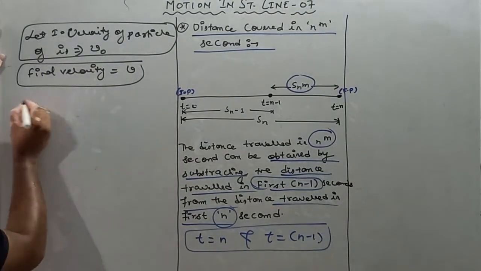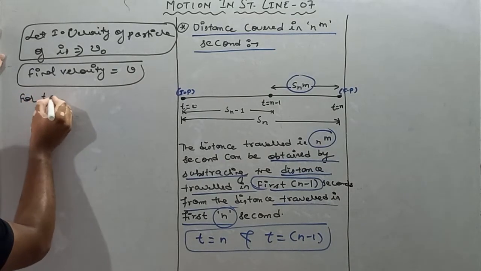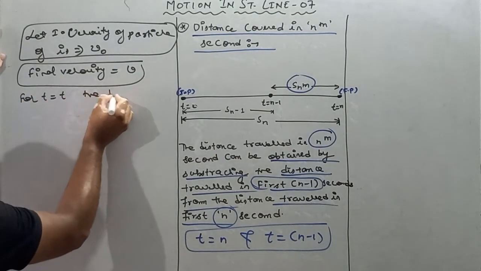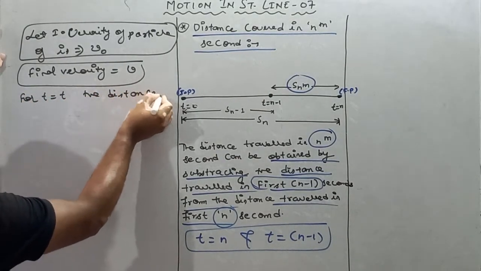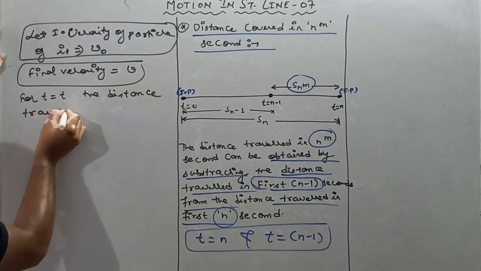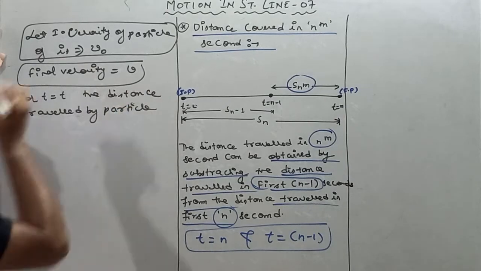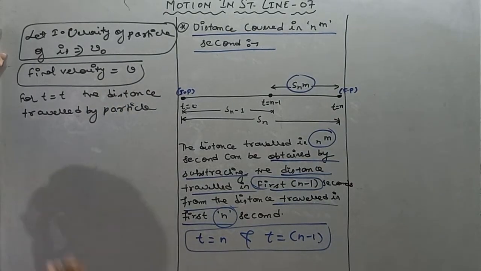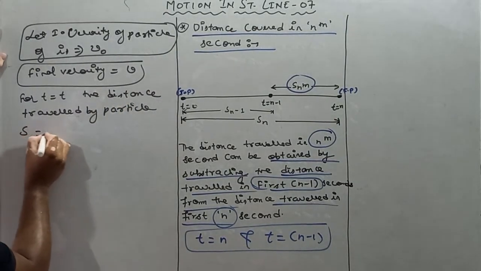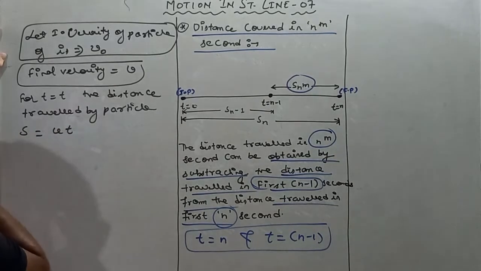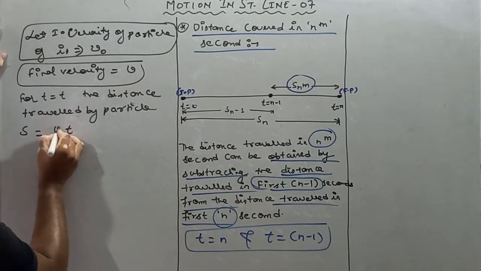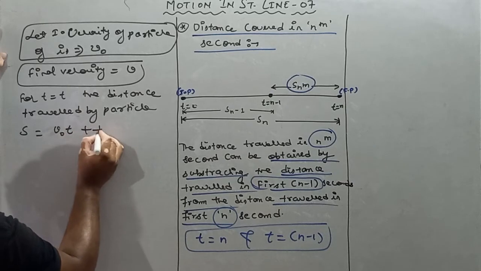So we know that for time t is equals to t, the distance traveled by the particle is s is equals to ut. Instead of u, I'll write v naught, so v naught t plus half at square.